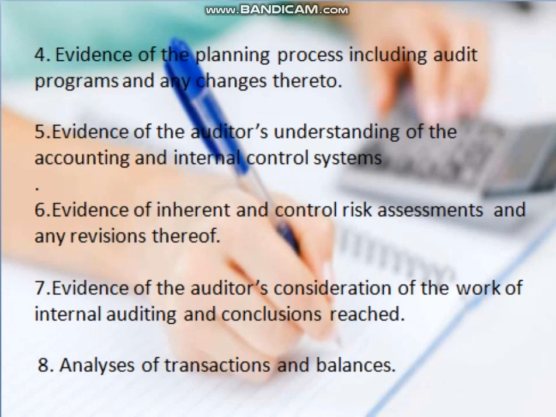It includes the evidence of planning process, including audit programs and any changes thereto. It is an evidence of auditors' understanding of the accounting and internal control system. It is an evidence of inherent and control risk assessment and any revisions thereof.